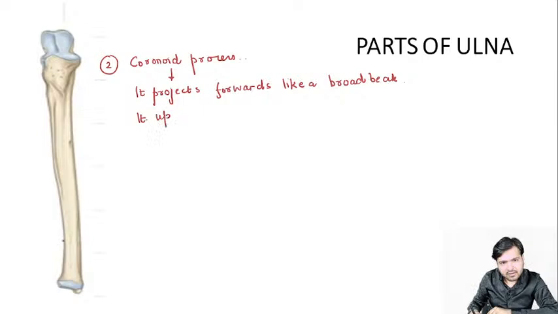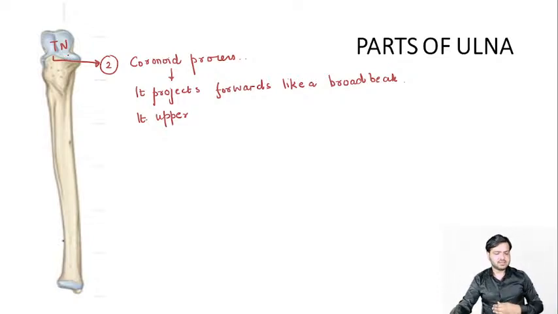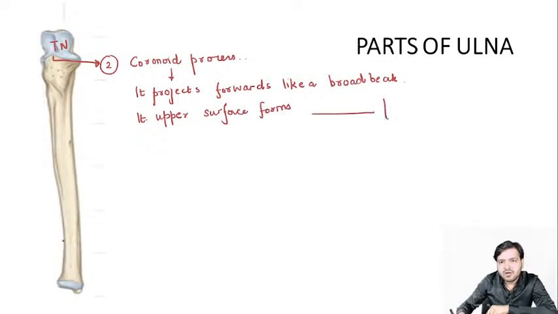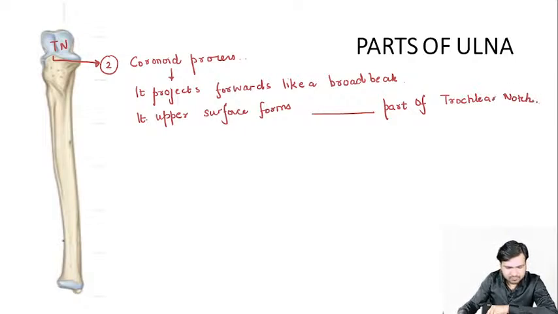now you tell me yourself, this is the coronoid process, its upper part will form which part of the trochlear notch? Just let me know, guys. So write down, its upper surface forms the dash part of the trochlear notch. Waiting for your answers.